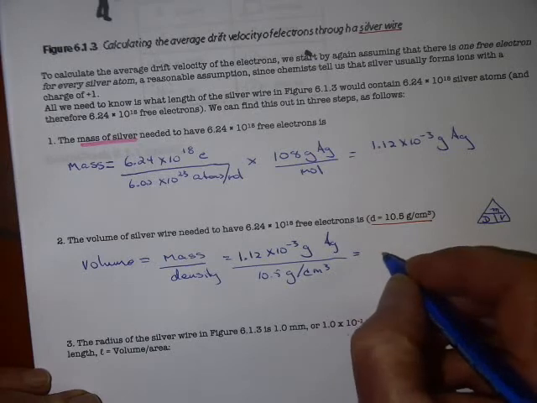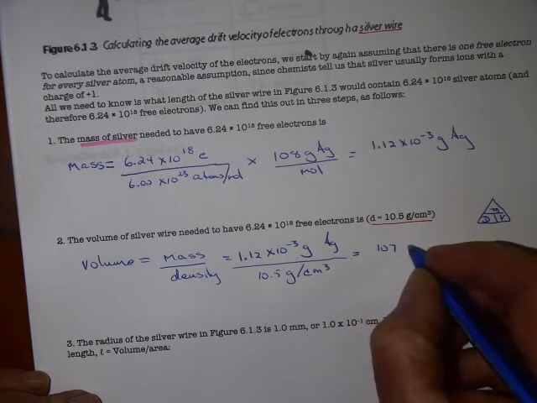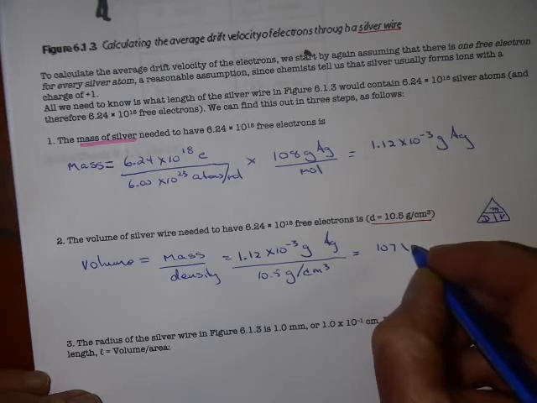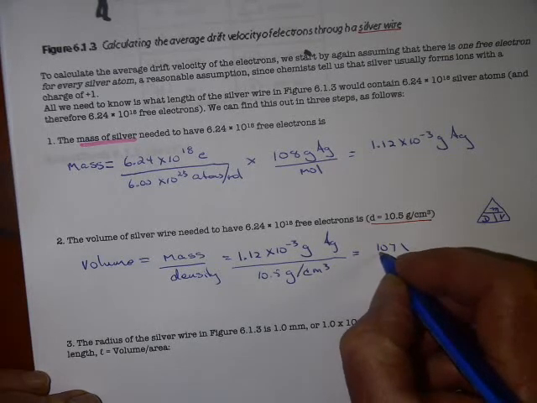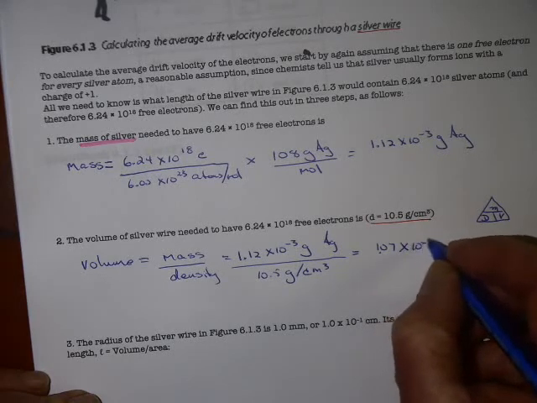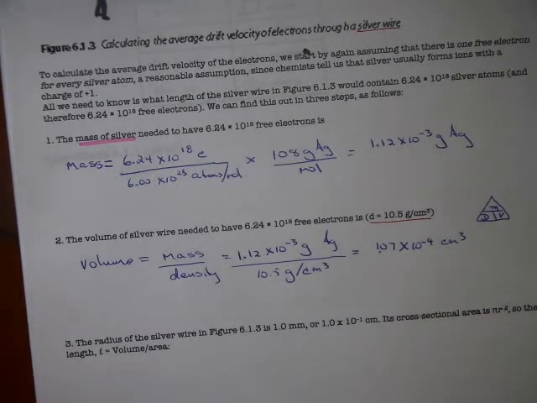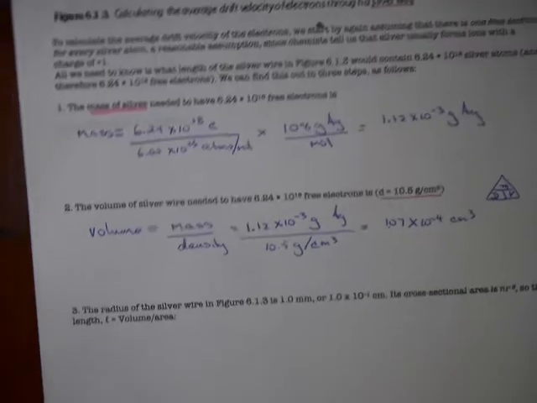And this comes out to 1.07 times 10 to the negative 4 cubic centimeters. Okay? So that's the volume.